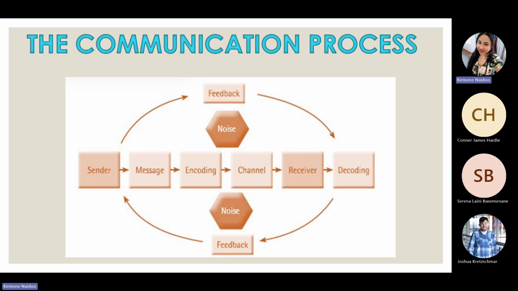It's so simple that we actually complicate it by making it sound complicated, but it's actually very simple. If you ever get confused with it, just think about how you communicate on a daily basis and all the things you have to consider before you actually send a message, and the channel in which your message gets sent through, in order for the receiver to receive it. So all of these things need to be taken into account.